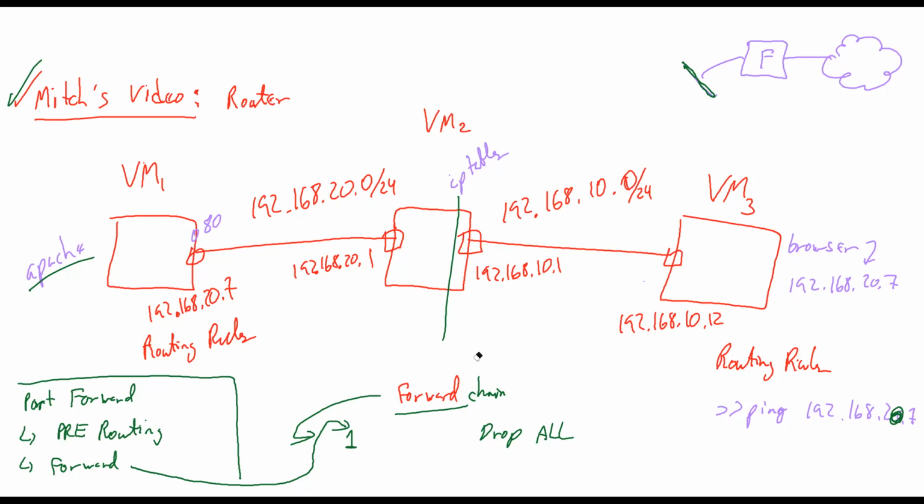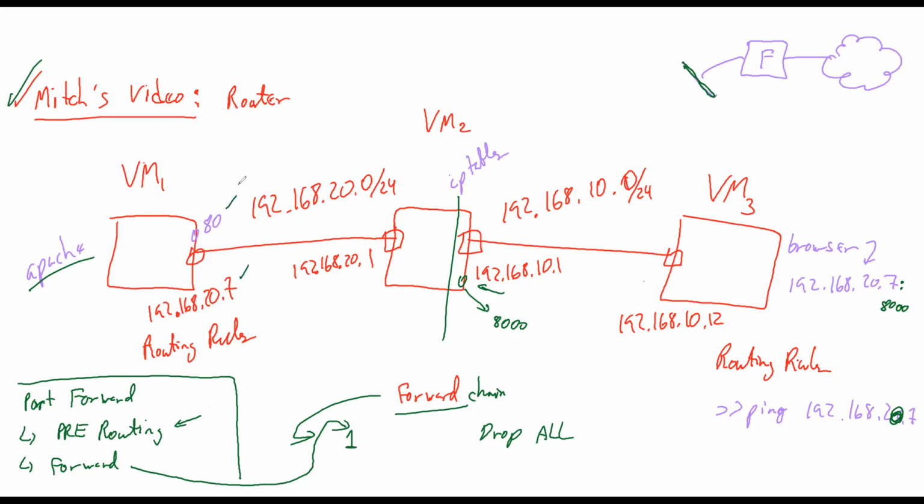So what's going to happen is, pre-routing just says something like open port 8000, I think it was. I can't remember exactly, but port 8000. When you go to the browser, make sure you put 8000 there. The packet comes in, and pre-routing grabs it and modifies it to this one and port 80.